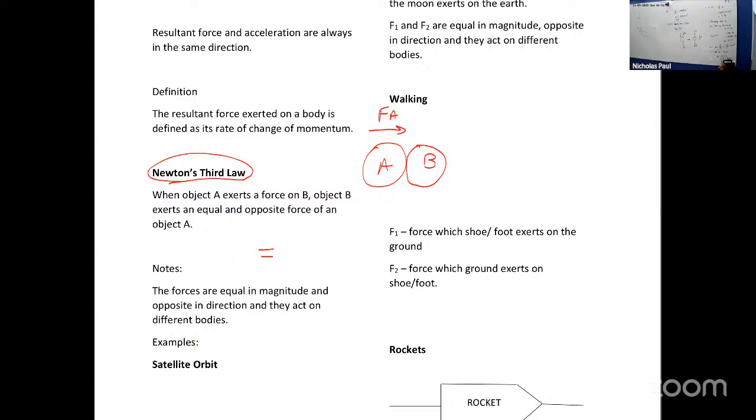How can we write Newton's 3rd law as a formula? F of A is equal to what? F of A is equal to F of B, but they act in opposite directions. F of A is equal to minus F of B. The forces are equal in magnitude and opposite in direction. Everybody okay with that?